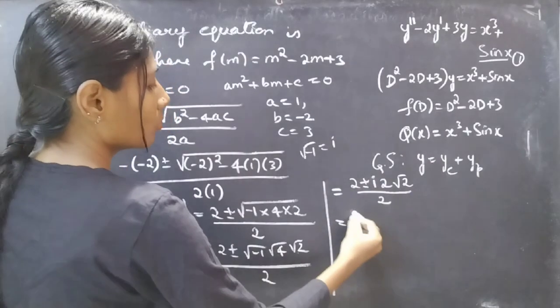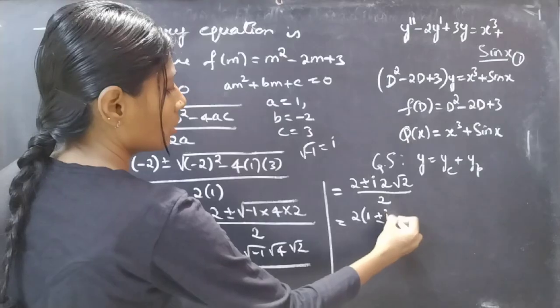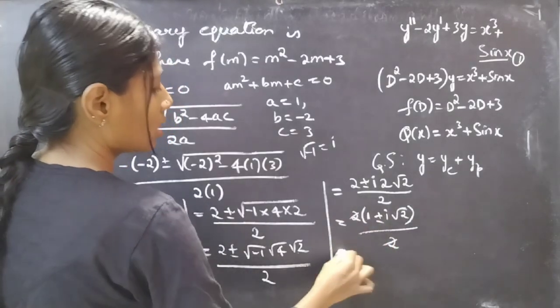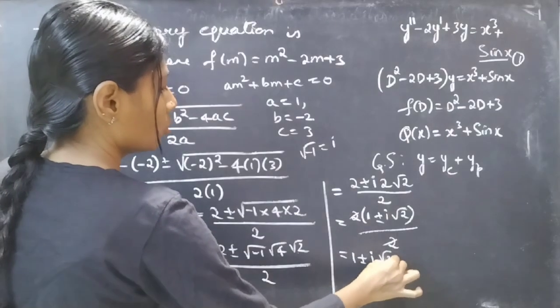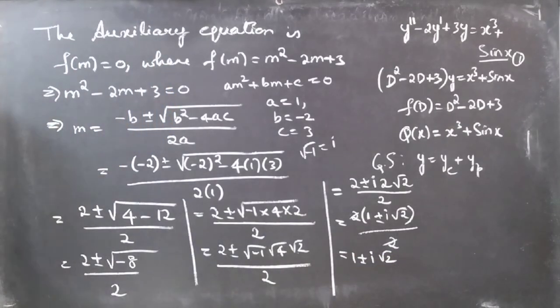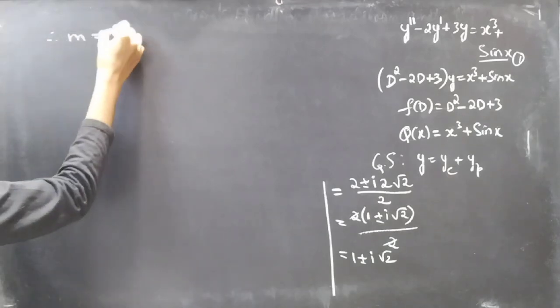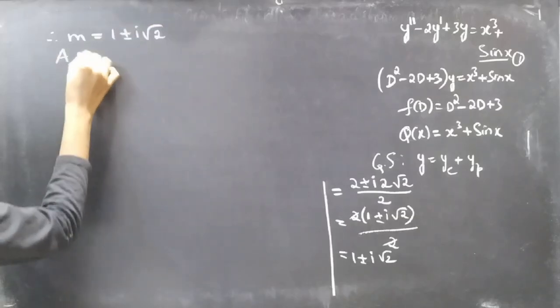Now take 2 common from the terms of the numerator. You'll get 2 times 1 plus or minus i into root 2 by 2. These 2 get cancelled and you'll get 1 plus or minus i root 2, a pair of complex conjugate roots. Therefore, m equal to 1 plus or minus i root 2, a pair of complex conjugate roots.